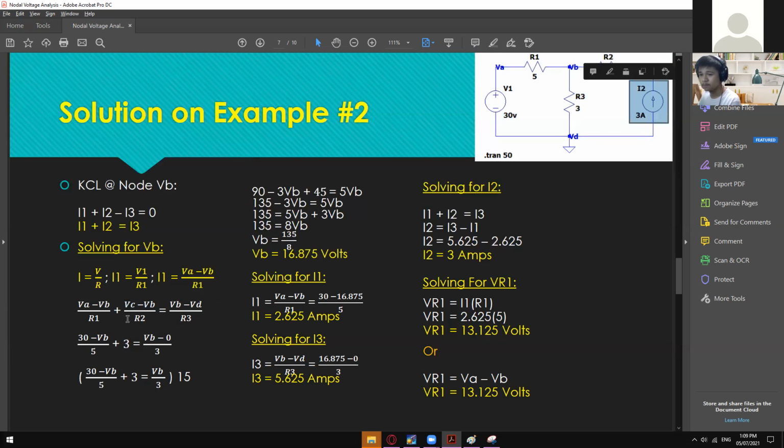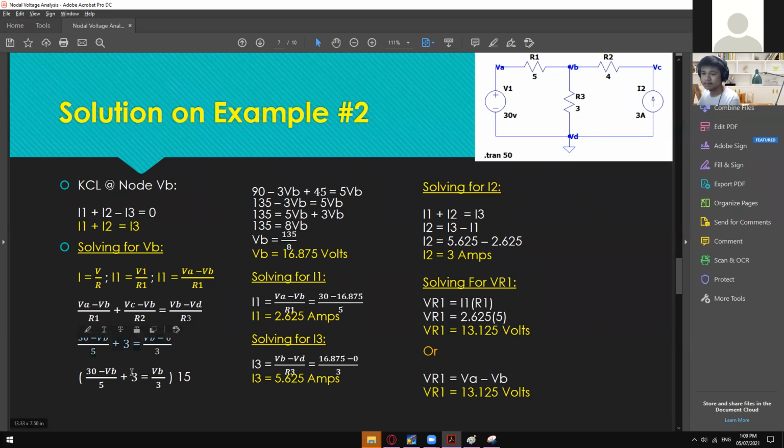I2 is already solved, which is positive 3 amps. And then for the I3, okay, we have here VB minus 0, or to our ground or reference node, divided by 3, which is the R3.